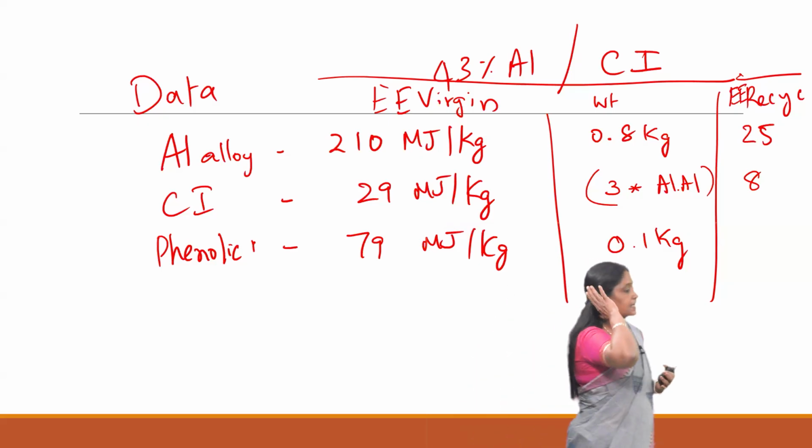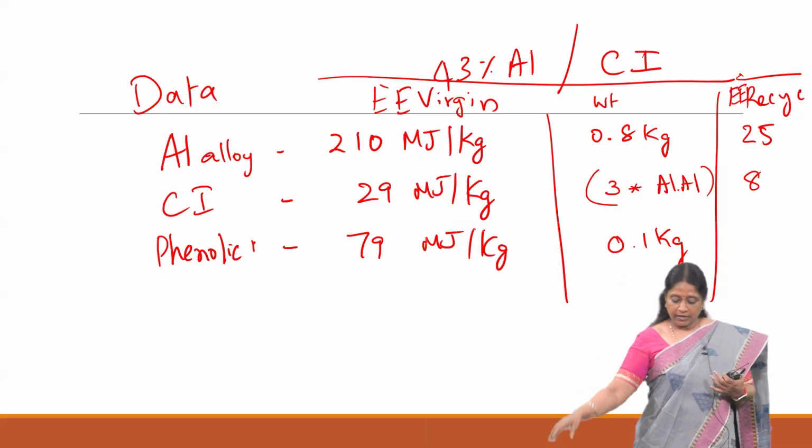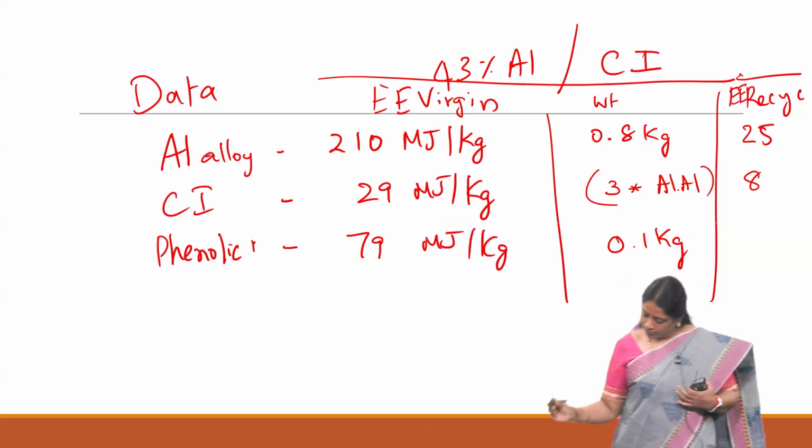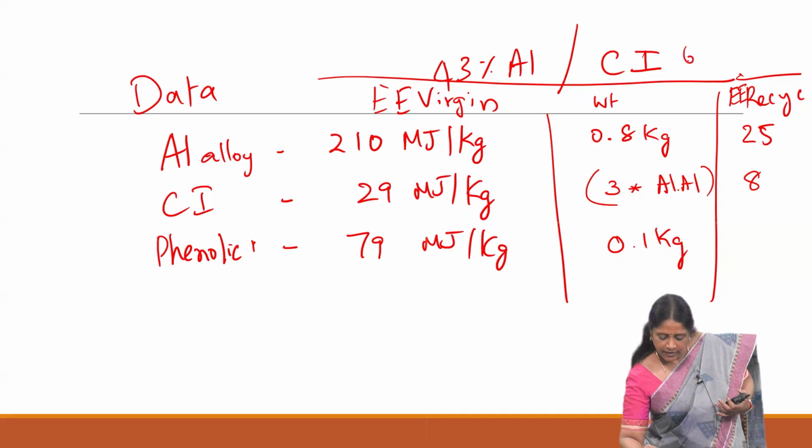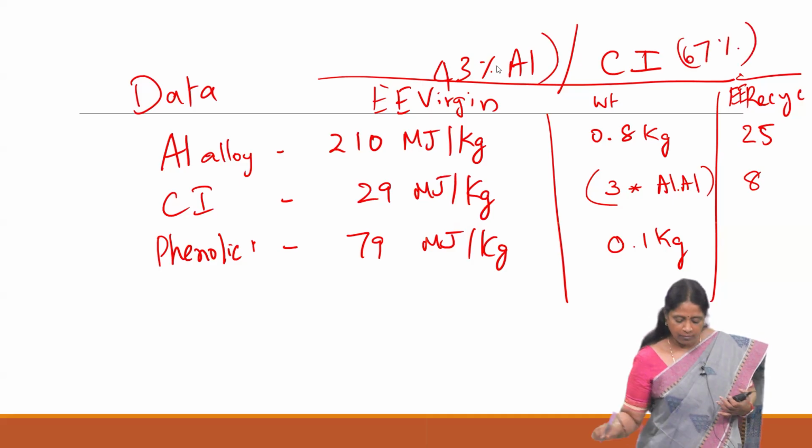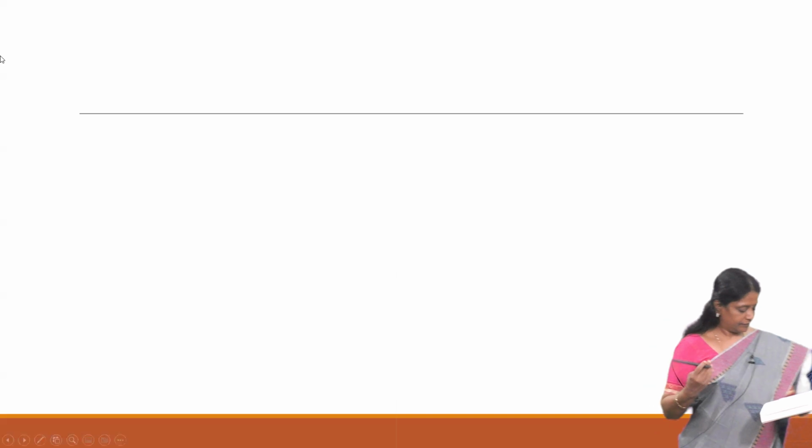And typical recycled content, I think, is 43% for aluminum and 67% for cast iron. So you have 4 problems. Okay, let me write it down.